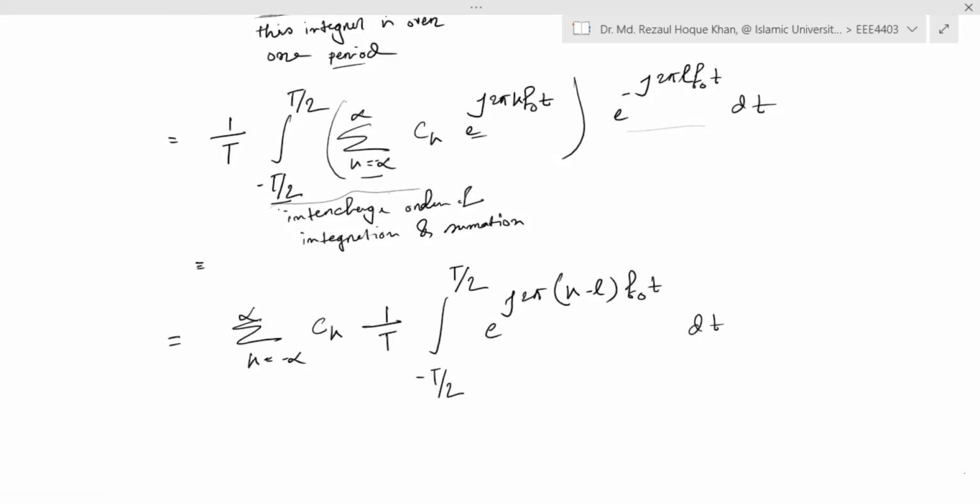These are the e components, so they combine, and because of the negative one, we have k minus L.